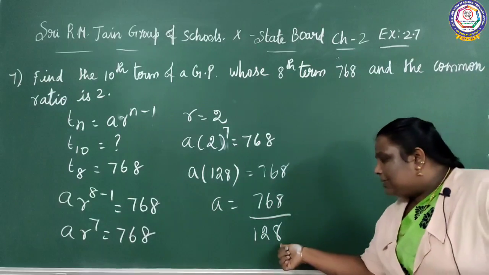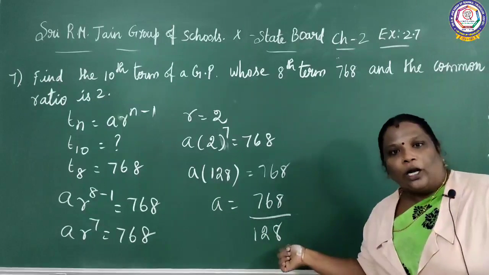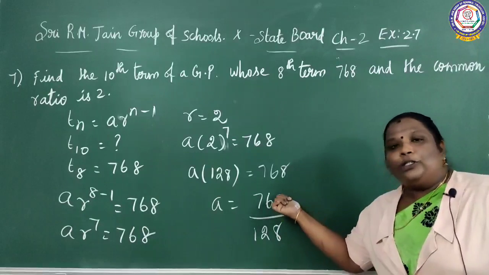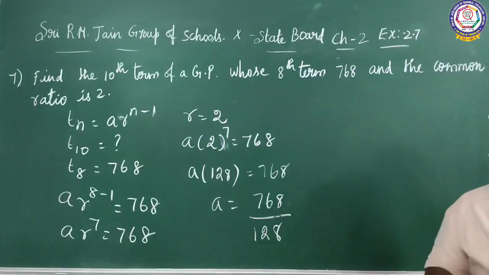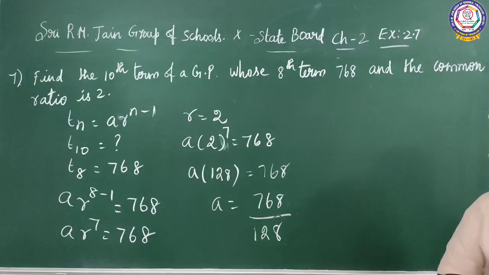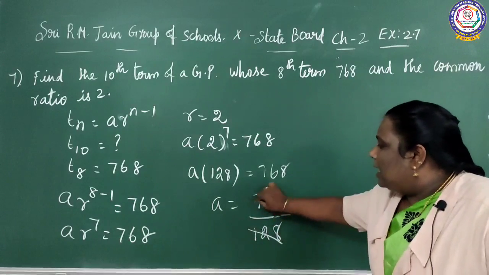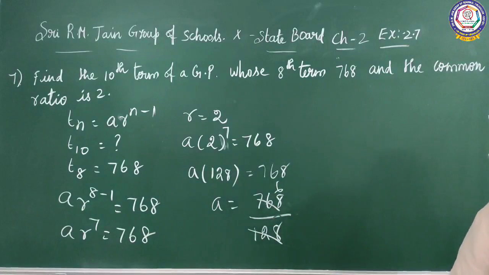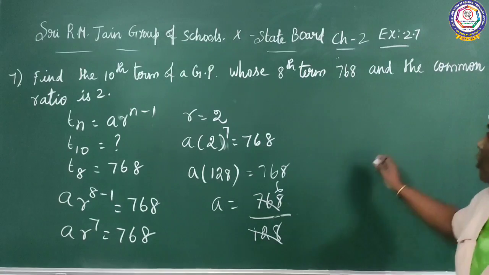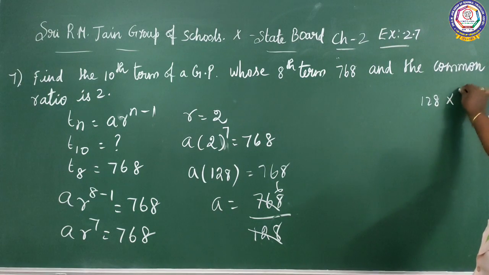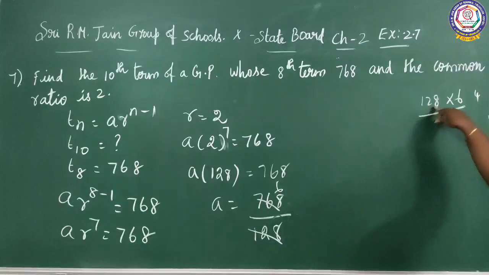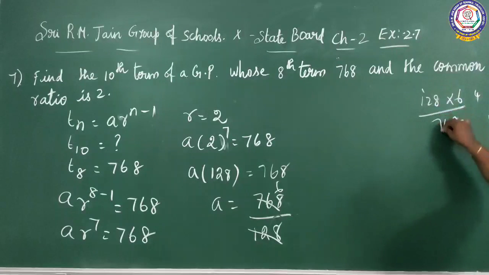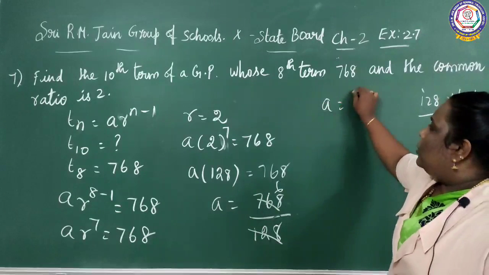See the last number, 8. Here also 8. In the 8 table where it ends with 8, 8 6s are 48. You will check like this. So you multiply 128 into 6: 8 6s are 48, balance 4, 6 2s are 12, 16, balance 1, 768. So a equals 6.